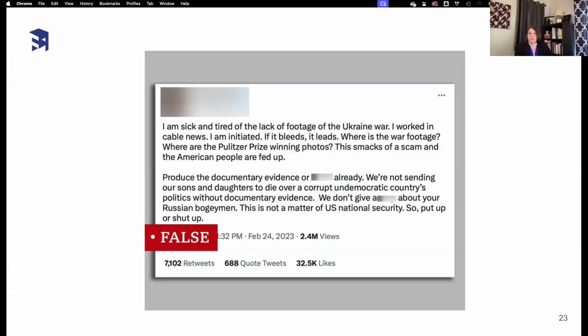A Twitter influencer with 1.4 million followers claimed that there was no footage and no detailed updates of the war. The post was later shared by former US National Security Advisor Michael Flynn, who added, "I double dare anyone to say he is wrong." However, as we know, the war in Ukraine has been well documented.